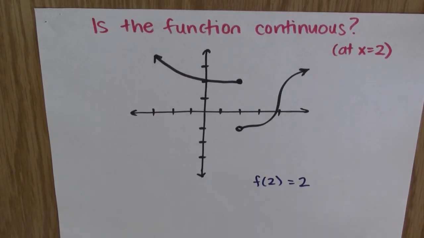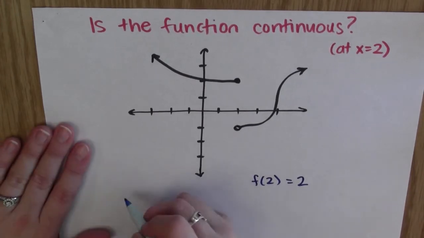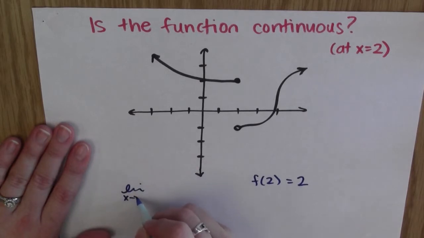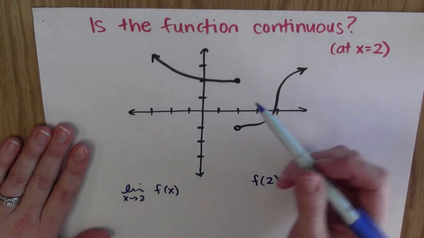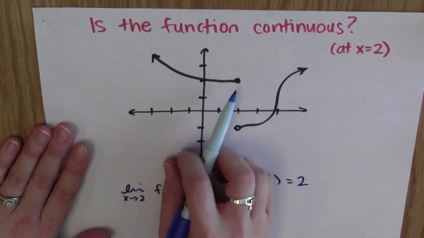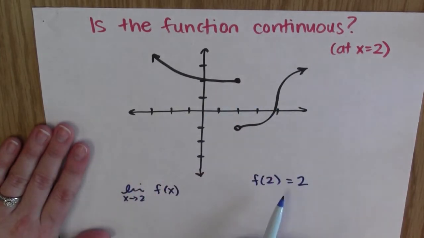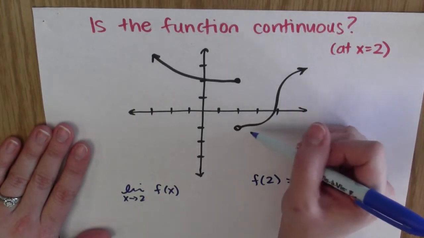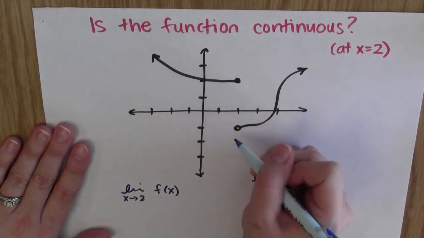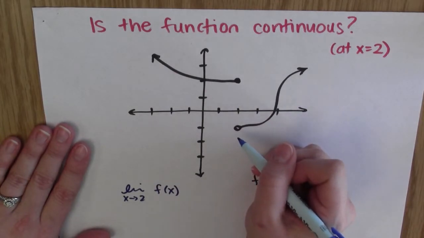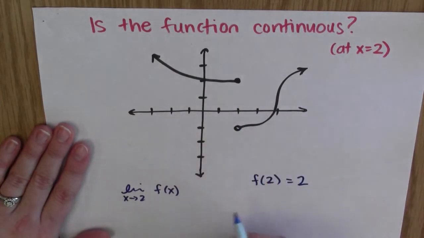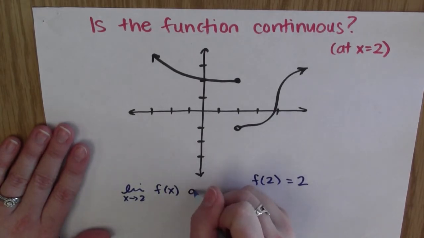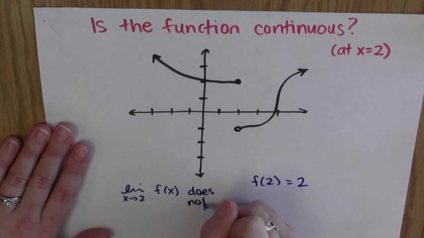But what about the limit as x approaches 2? Well, the limit as x approaches 2 of f of x, from over here on the left-hand side, it looks like I'm approaching 2, so I'm feeling pretty good about myself. But if I come over here from the right-hand side, it looks like the function is approaching -1. And since -1 and 2 are not the same, we say that the limit as x approaches 2 of f of x does not exist.